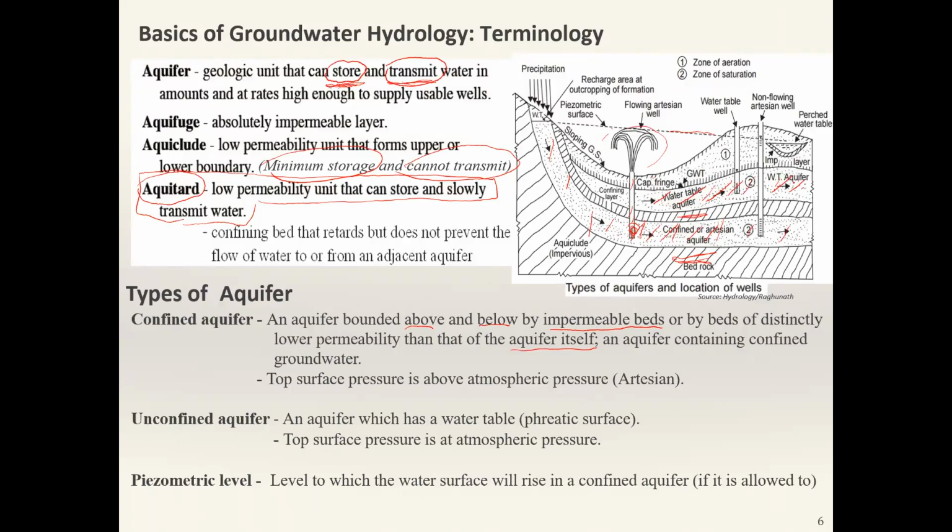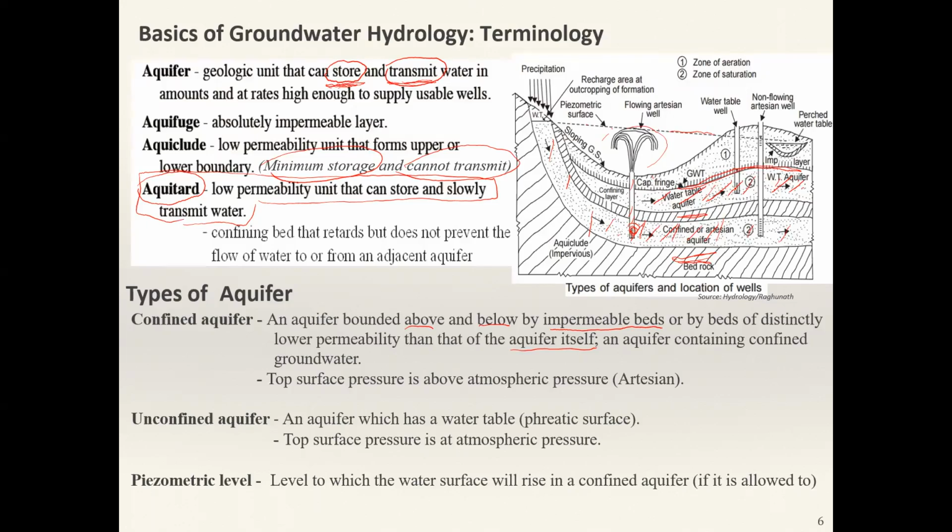Now, what will happen if you drill a well here? This water level can fluctuate seasonally, or if you start pumping too much water out, then the groundwater level can deplete within a short period of time. That is why it is important, especially for water schemes.